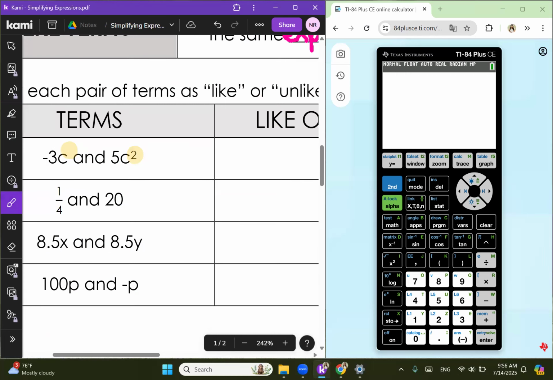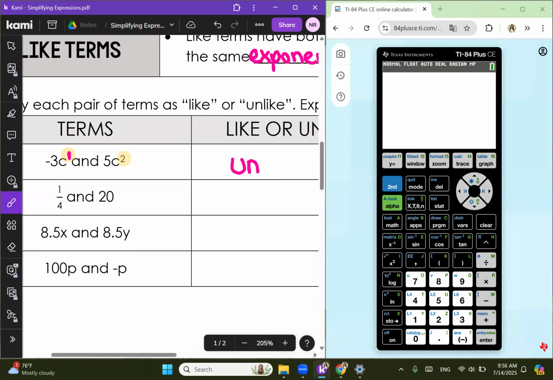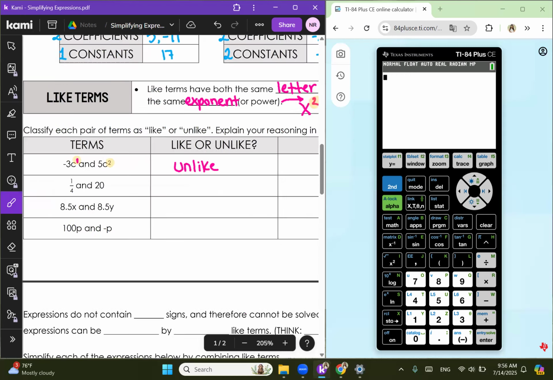When you don't have an exponent that you can physically see, same thing. Just like a variable without a number, it is understood to be the number 1. So they do not have the same power, so these would be unlike terms. You would not be able to add or subtract these. Okay, they have different exponents.